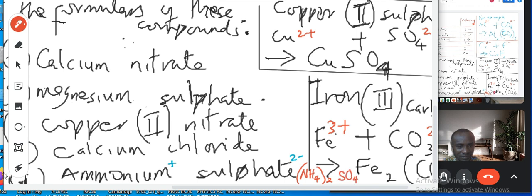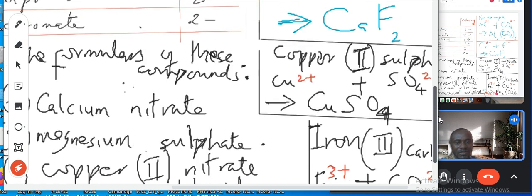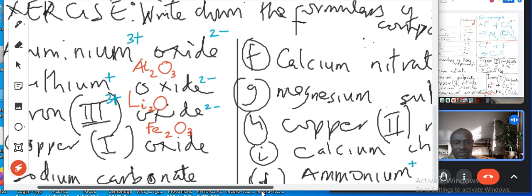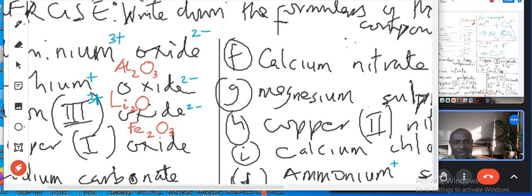That would just be SO4, because you don't have to put it in a bracket when 1 is what will be outside of it. So you don't have to write SO4 with a 1. All right, let me see if there's something you can do here before we move on.